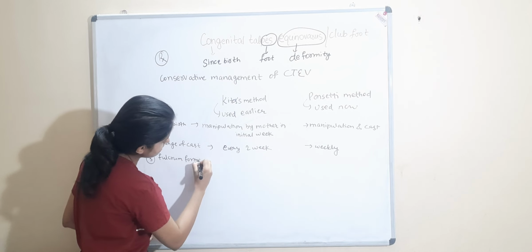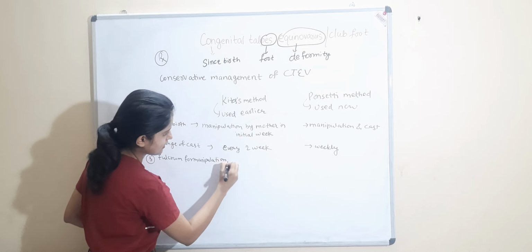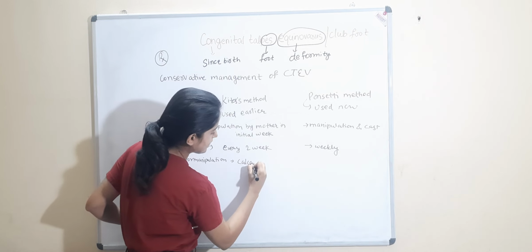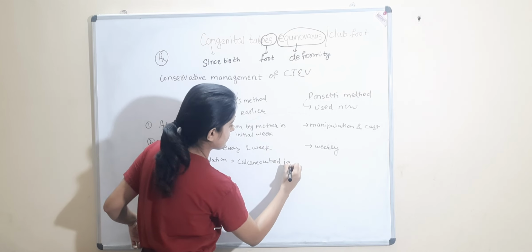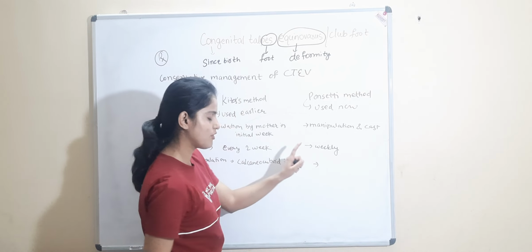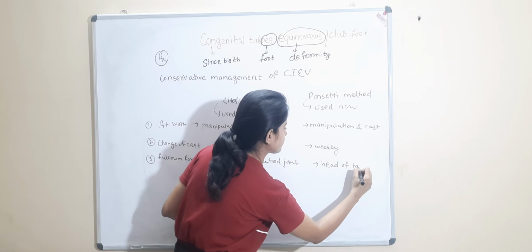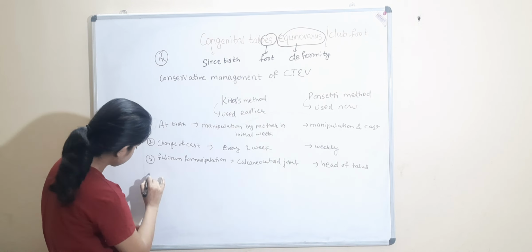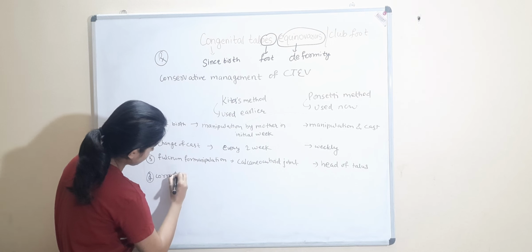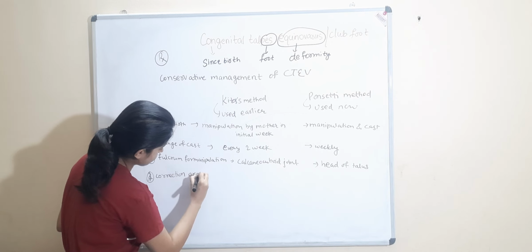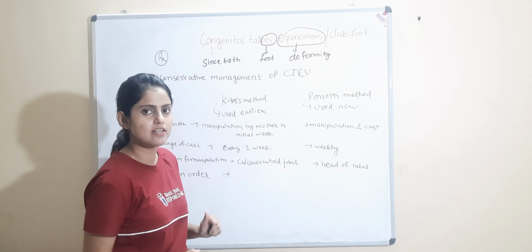Fulcrum for manipulation: calcaneocuboid joint in Kite's method, and in Ponseti method fulcrum for manipulation is head of talus. Correction order. The deformity was cavus, adduction, varus and equinus.